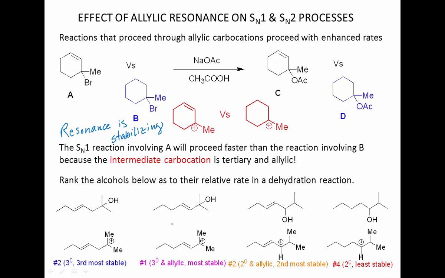This is because it leaves behind a carbocation that's both tertiary and allylic. This one here is going to be our second fastest because it's going to leave behind a carbocation that's secondary and allylic. This is number 3. This is our third most stable one because it's leaving behind a carbocation that's merely tertiary.